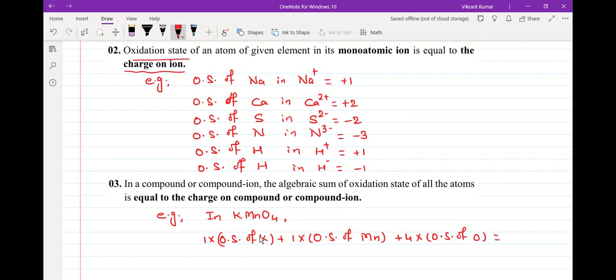Zero, because the compound doesn't have any net charge over it.